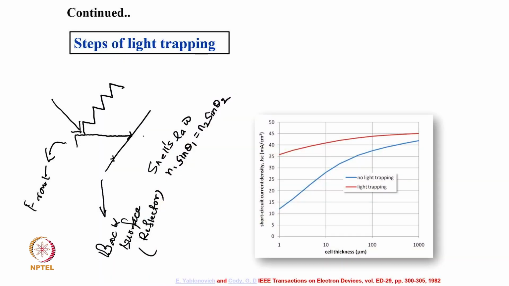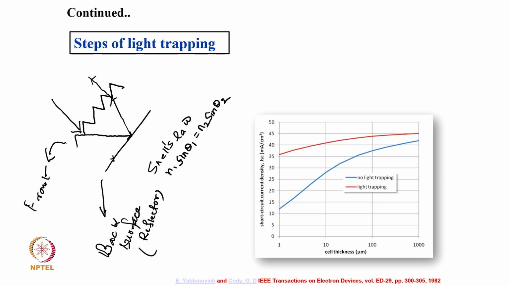So now this angle of refraction is changed because the surface is not a plane one. The silicon surface or the top surface is now textured, sort of triangular shape. So you have reflected light here and then it comes out. Now you can see your optical path length has enhanced.